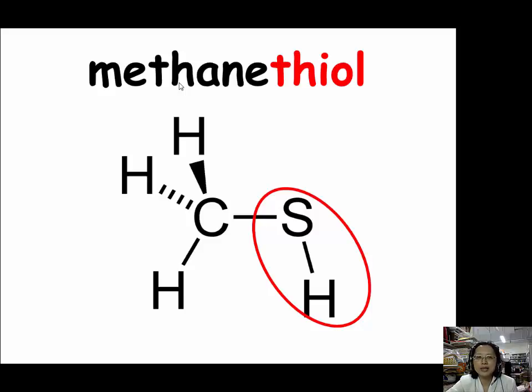It is also one of the main compounds responsible for our bad breath and also the smell of flatus, fart, passing gas. So that's where our bad breath and the flatus smell are coming from. And it's very flammable.